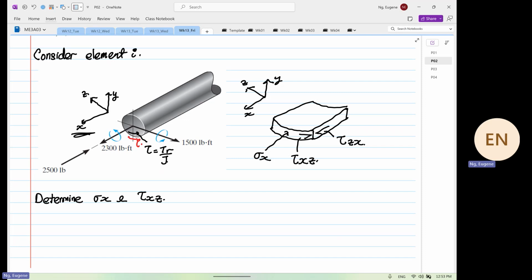I'm just thinking which way to orientate. Okay, I'm going to orientate the element such that this is my X. This will be my Z.